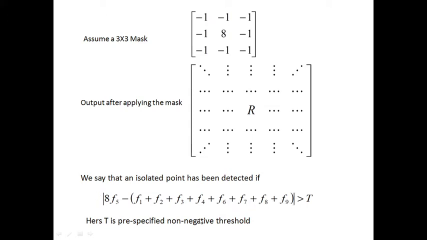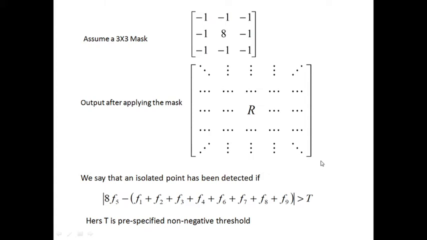If this entire expression is greater than some threshold, which is a pre-specified positive value, then I can say that an isolated point has been detected.